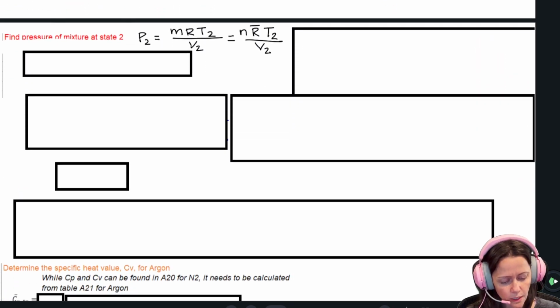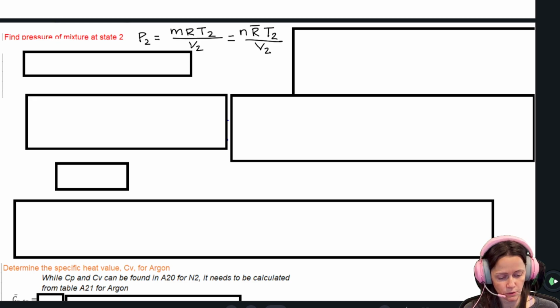All right, so this one I think is the one that might have thrown people off. We wanted to find the pressure of the mixture at state 2. For this, I'm going to use my ideal gas law. I could put this as mRT over V, or I could put it in terms of moles. I have the number of moles. Remember, I had 1 pound mole of argon and 3 pound mole of nitrogen, so I've got 4 pound mole of my mixture at state 2.